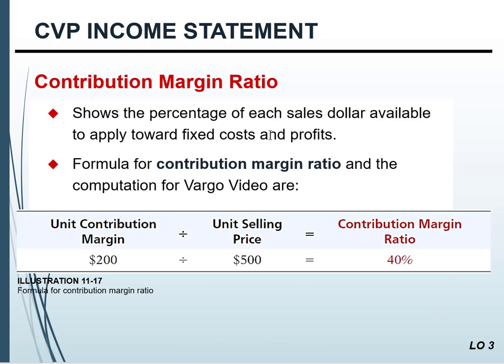There's another ratio that shows the percentage of sales dollars that goes to fixed costs and profits. It's called the contribution margin ratio. You take the contribution margin and you divide it by the unit selling price. So of every dollar that's sold, there is a 40% contribution of that dollar to fixed costs.